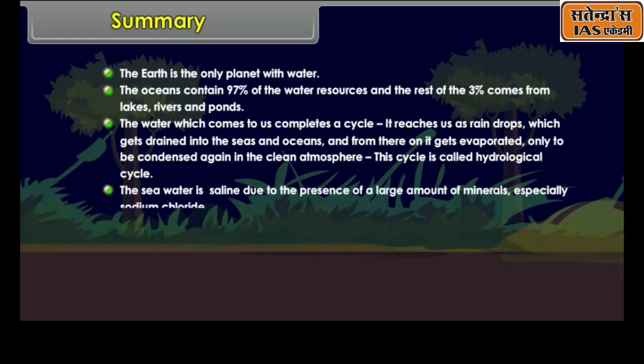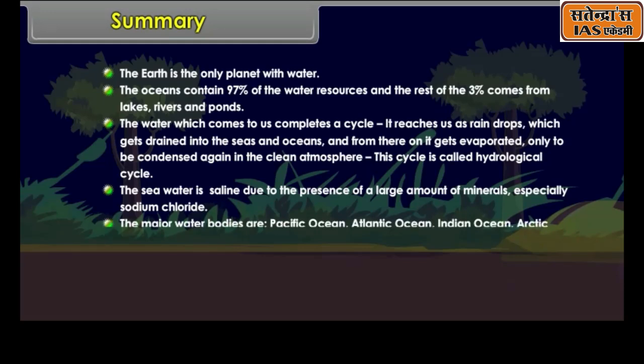The sea water is saline due to the presence of a large amount of minerals, especially sodium chloride. The major water bodies are Pacific Ocean, Atlantic Ocean, Indian Ocean, Arctic Ocean and Southern Ocean.